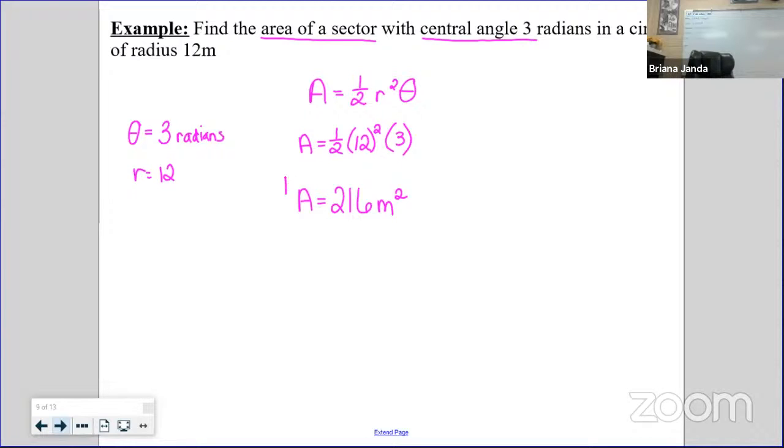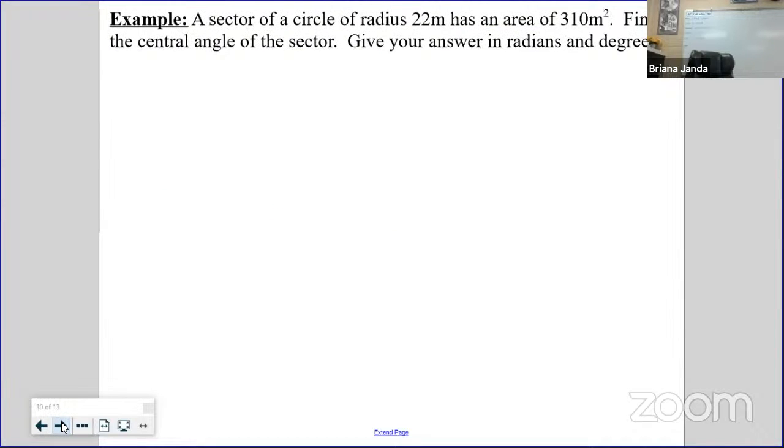Okay. Let's see a little bit of some variations here. This time they tell us the area, so they start with the area of a sector of a circle with radius 22 has an area of 310. Find the central angle of the sector, give your answer in radians and degrees.